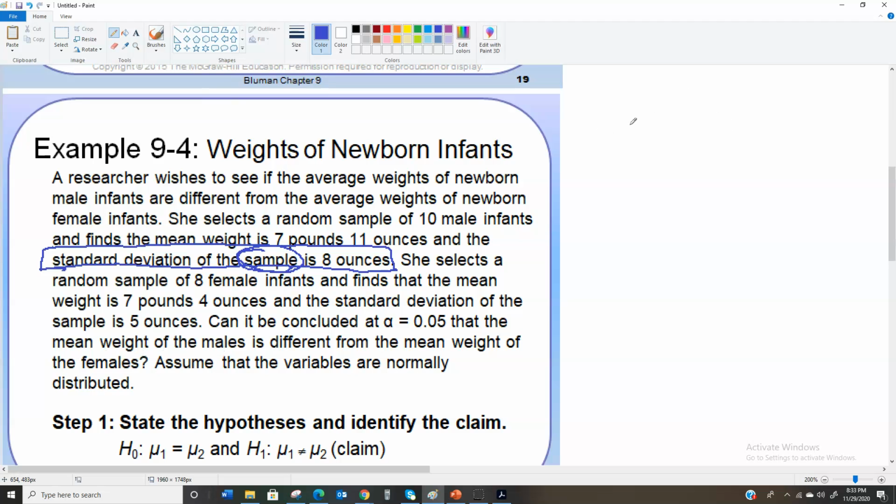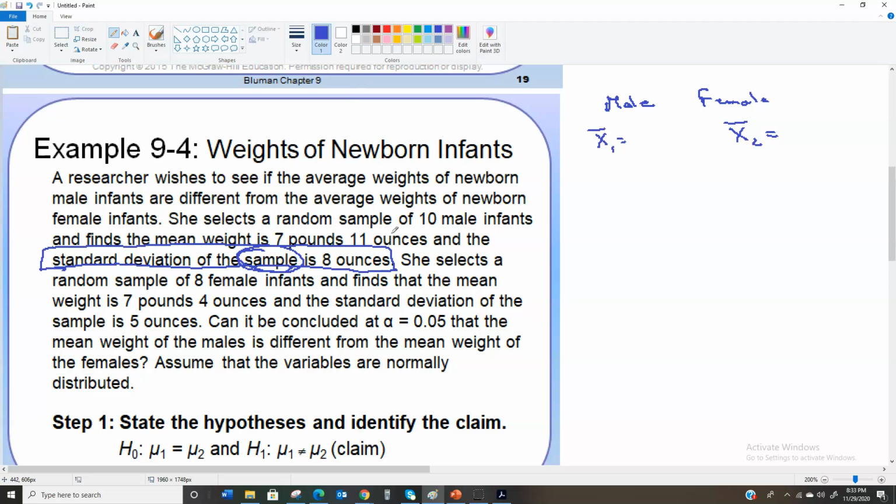So let's make our table, which again, I'll give you this on the test. If you think of the male babies as the first group and then the female babies as the second group, then you would have your average for the males, your X bar 1, and your average for the females, X bar 2. And we want to do this in ounces. It's a lot easier.